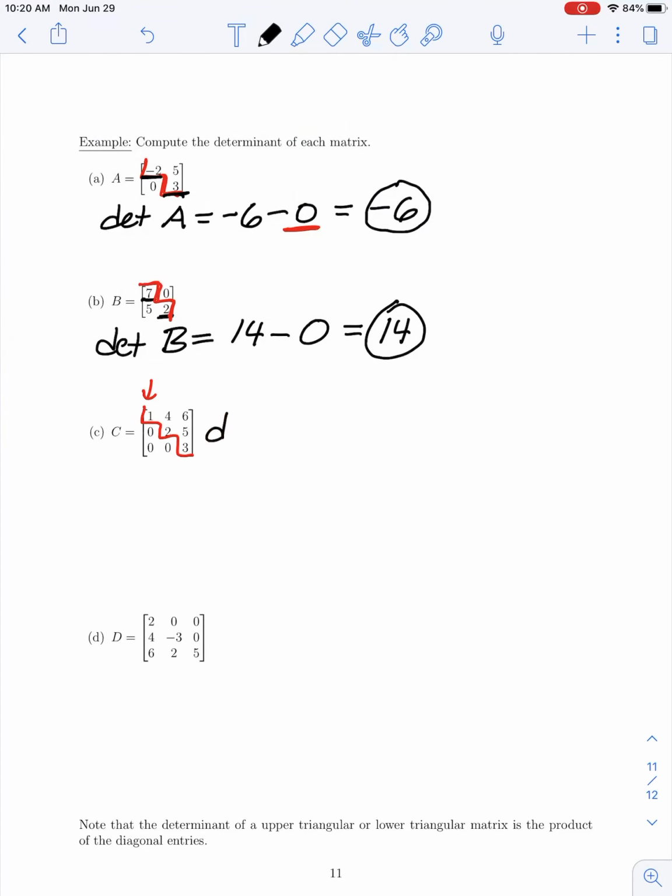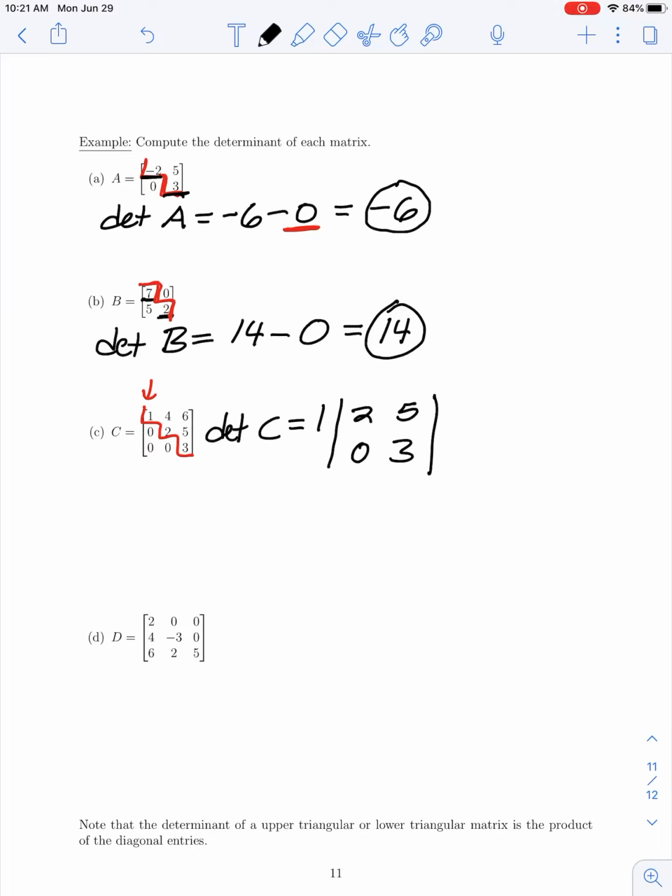So for the determinant of C, using a cofactor expansion down the first column, we have a +1 times the determinant of the 2 by 2 matrix with rows 2, 5 and 0, 3, minus 0 plus 0 as we move down that first column.